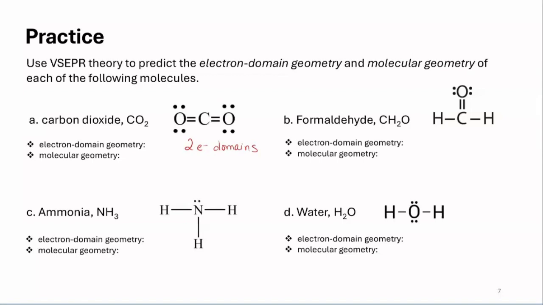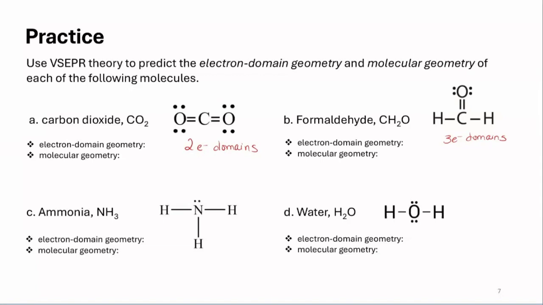I'm now going to look at formaldehyde. My carbon atom has 3 electron domains, a double bond, a single bond, and a single bond. Next, I have ammonia, NH3.